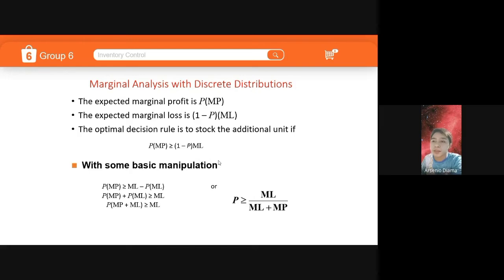With some basic mathematical manipulation, there are many ways in which we can determine the level of probability using these equations, and the main equation is the probability is greater than or equal to the marginal loss divided by the marginal loss plus the marginal profit.